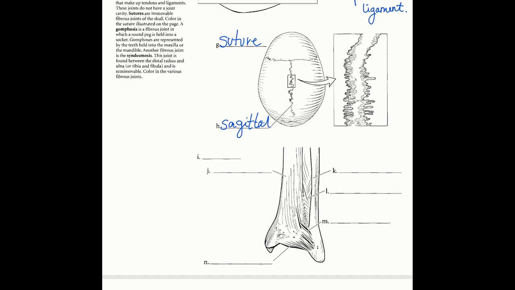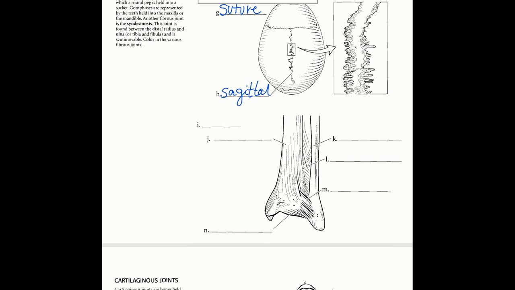And then our last example of a synarthrotic joint is a syndesmosis. A syndesmosis is the type of joint that we find between two bones that are close together or span the same region. For example, your ulna and radius are both found within the forearm. They're going to have a syndesmosis, as are the tib-fib in your lower leg. If we label the skeletal portions, we've got the tibia and the fibula.